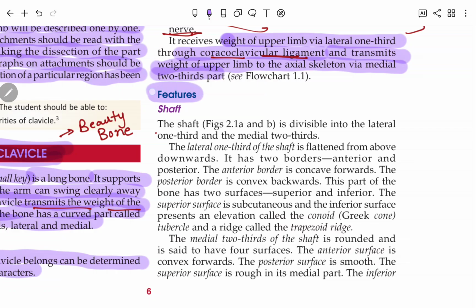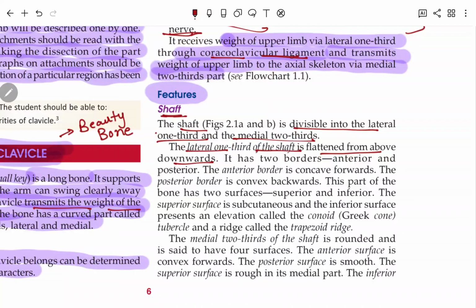Now, what are the features? Shaft. Shaft means body. The shaft is divisible into lateral one-third and medial two-thirds. The lateral one-third of the shaft is flattened from above downwards.